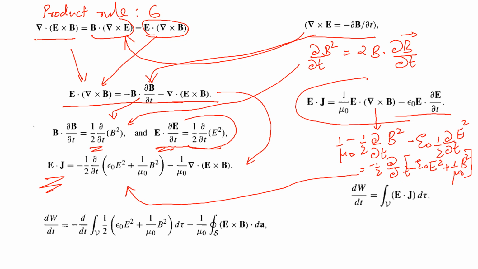Now again we started with this equation, rate of change of work dW by dt is integral E dot j d tau. But now we got E dot j as this expression, minus half dou by dou t of epsilon 0 E square plus 1 by mu 0 B square minus del dot E cross B.